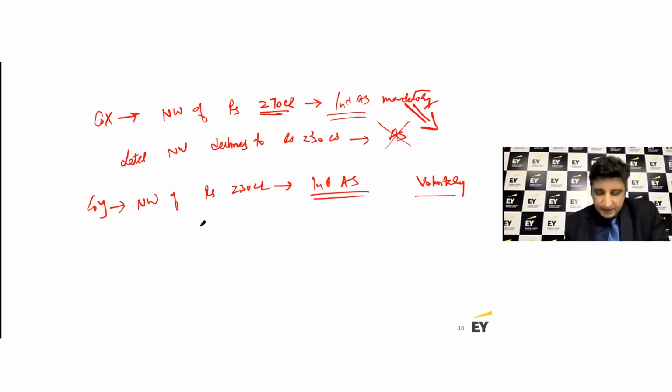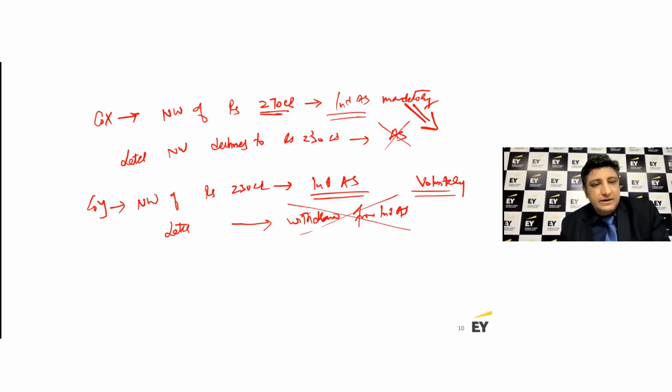That's okay, but subsequently it cannot withdraw from Ind AS, even though it was a voluntary decision. The company does not have a choice to go back and say, I just tried and I was not comfortable, I want to go back to the old AS framework. Even that choice is of course not applicable to the entities.